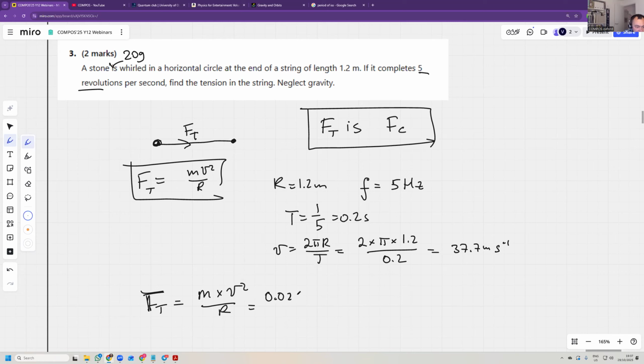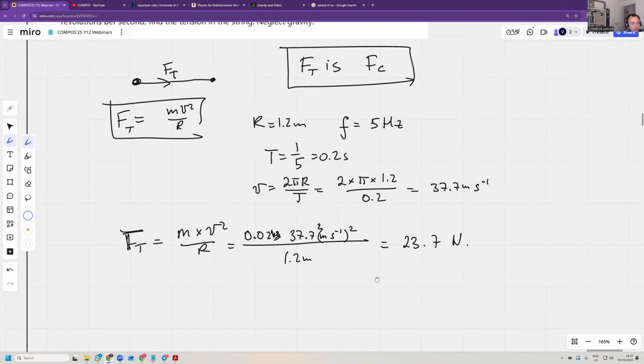So 0.02 kilograms times v, which is 37.7 meters per second, squared, divided by radius, which is 1.2 meters. And 0.02 times 37.7 squared divided by 1.2 is about 23.7 newtons.